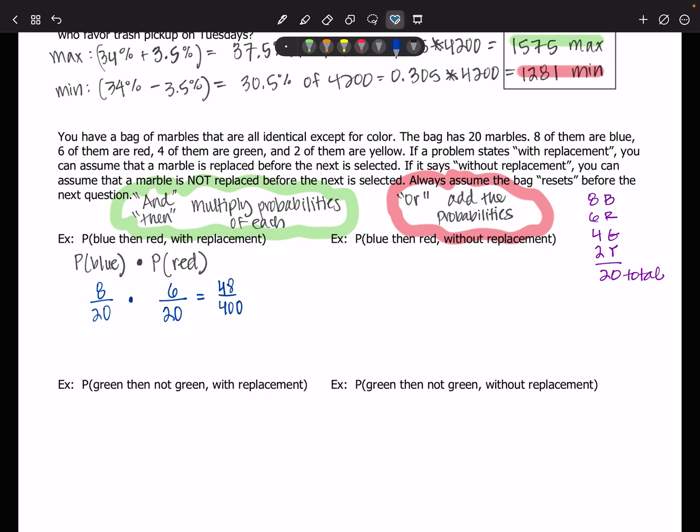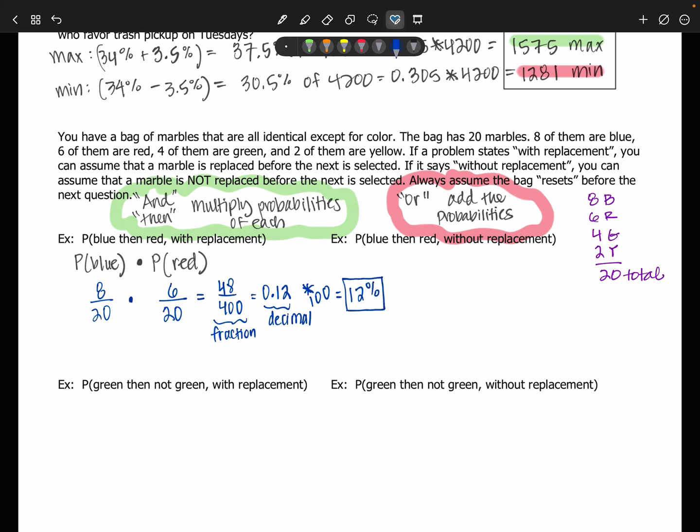That is a probability as a fraction. It's not simplified, so we would need to simplify that. As a decimal, when I multiply straight across, I get 0.12. That would be a decimal. And then if I take that and I multiply it by 100, I would get my percentage of 12%.